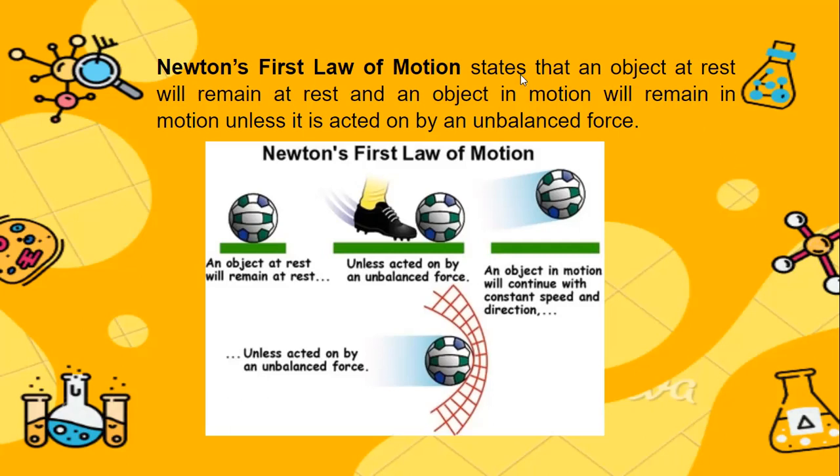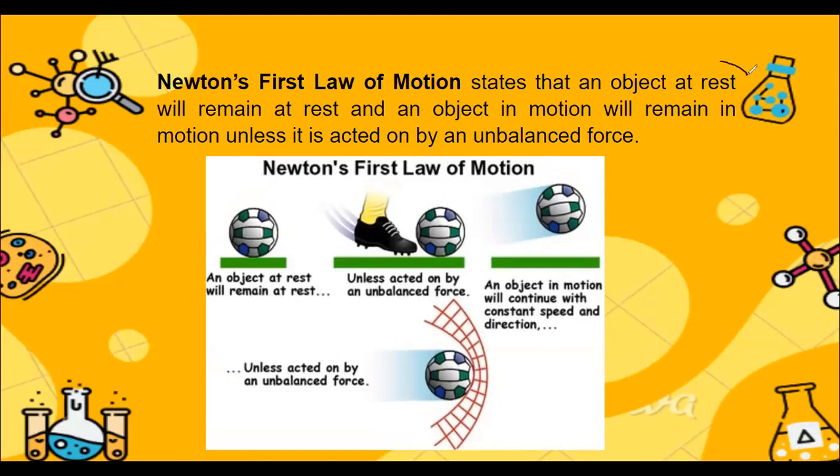All right. So according to the law of inertia, or Newton's first law, if an object is at rest, it will remain at rest. All right? And if the object is in motion, it will remain in its constant motion unless you exert an unbalanced force. So for example, we have a ball here. This object is at rest. Alright? So, hanggat wala pong force na tumatama sa kanya, it will not move.